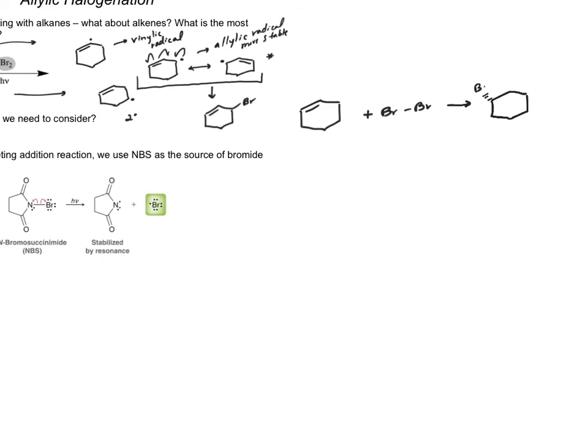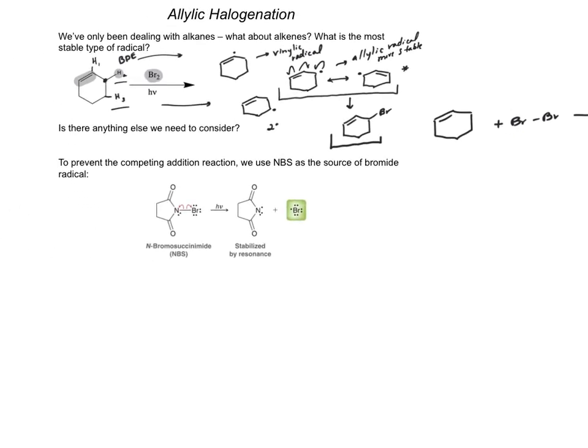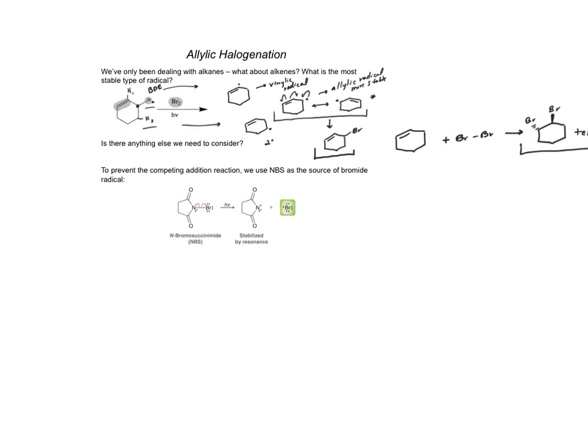So these would add in an anti fashion, across the double bond on opposite sides. So we'd get one, and then the production of its enantiomer. So that's an issue, right? What if we only wanted this product and we didn't actually want the addition product? If we took an alkene and we added bromine to it, then we would get that addition product as well.